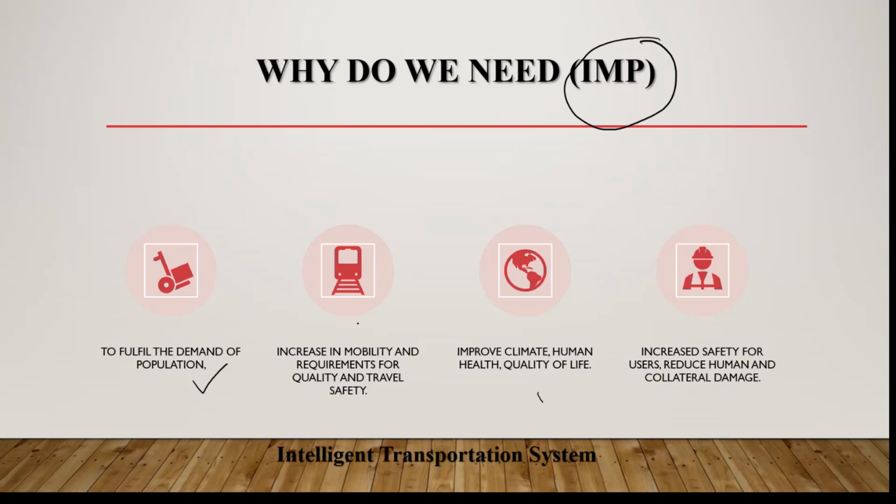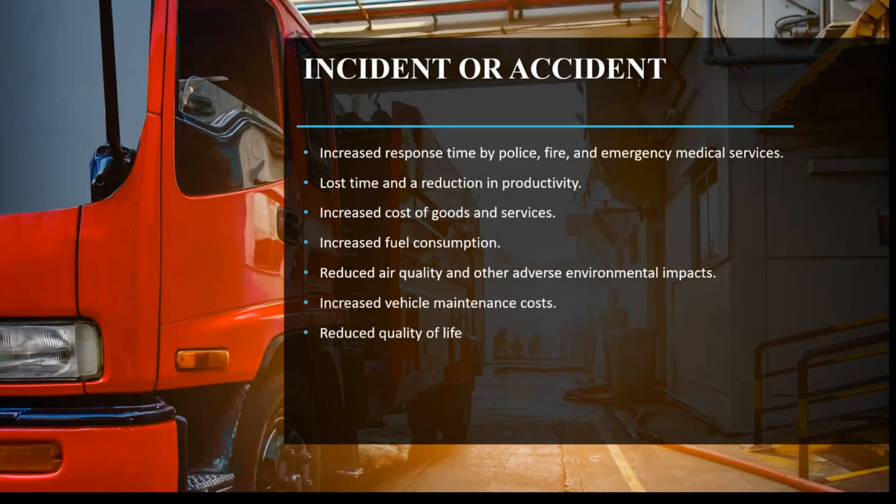The third point is we would like to also improve the climate and human health quality of life, as well as increase the safety of every individual and reduce collateral damages. Again, to go into detail, first of all, we need to understand what is an incident or accident. An accident is basically an event.